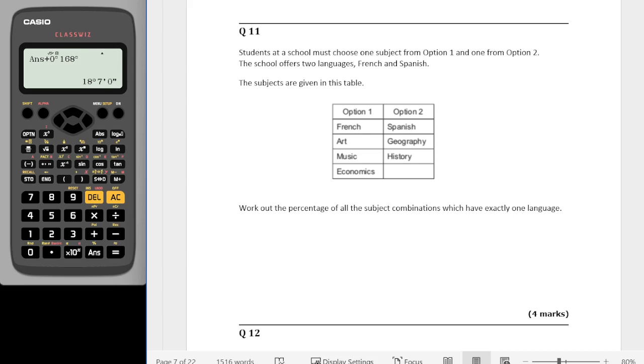If we start by looking at our options, I'm going to call them F, A, M, and E. And then I've got S, G, and H. So my options are, I can have F and S, F and G, F and H. I can then do the same combination starting with A. And they're going to have the same combination with M. And then finally, same combination with E.